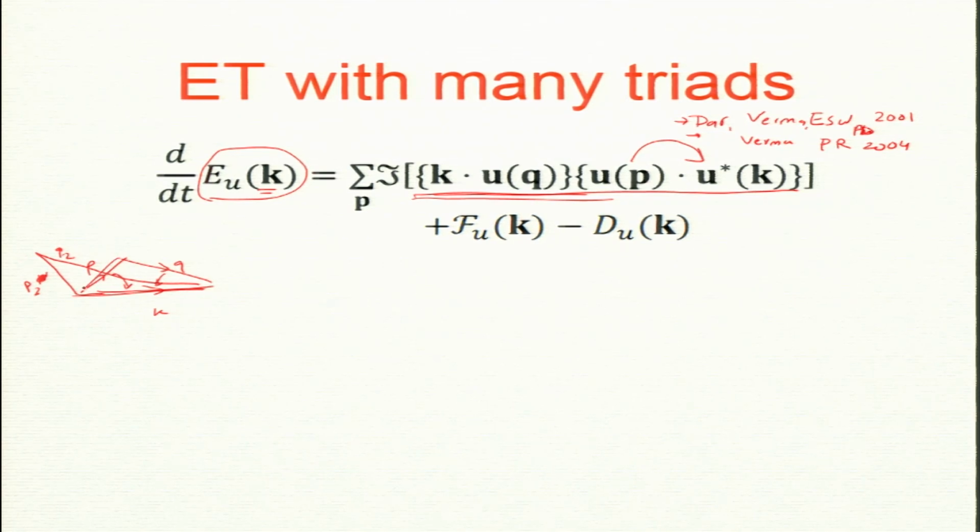I derived the formula for a single triad as S K P Q: P giving to K with Q as the helper, and S K Q giving to K. I can do the same thing for S P2 giving to K with Q2 as the helper, and S K Q2 giving to K with P2 as the helper. I can simply add them, right. More triads, no problem, I can just keep adding them. Everybody is convinced with this.